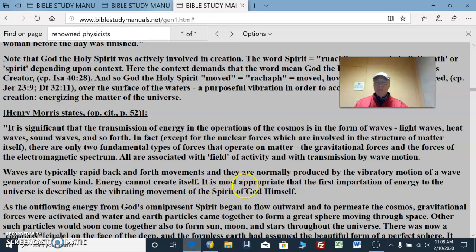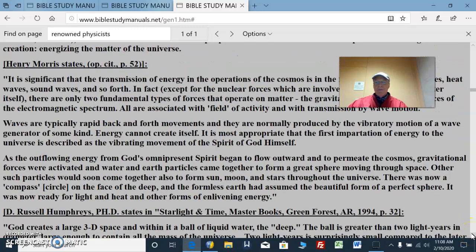It is most appropriate that the first impartation of energy to the universe is described as the vibrating movement of God the Holy Spirit himself. As the outflowing energy from God's omnipresent Spirit began to flow outward and to permeate the cosmos, gravitational forces were activated and water and earth particles came together to form a great sphere moving through space.